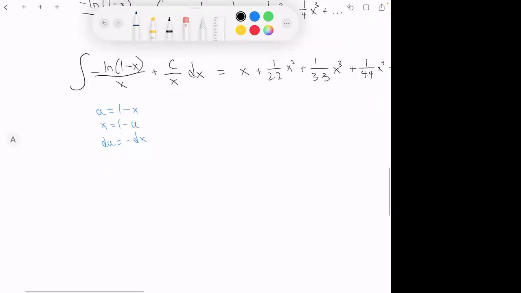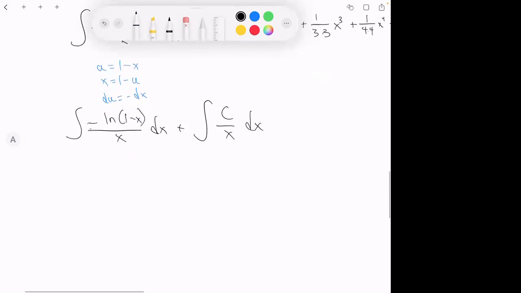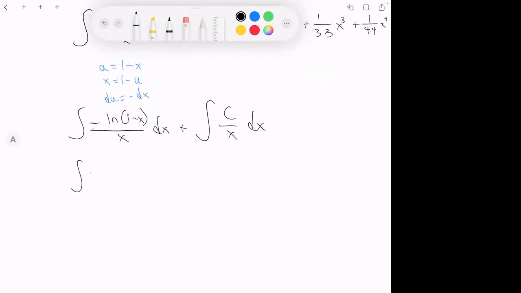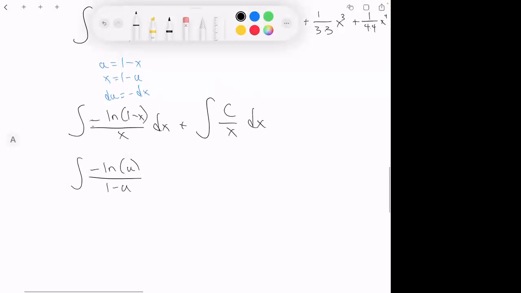So this first integral here, which was negative natural log of 1 minus x over x dx, is now the integral of negative natural log of u over 1 minus u. See, that's not useful at all. That was terrible. Du, well, that will just get rid of that.